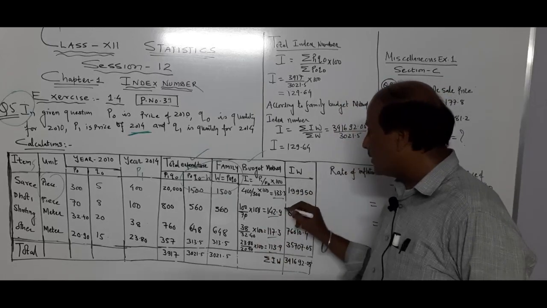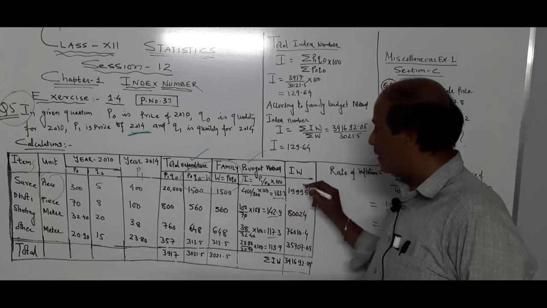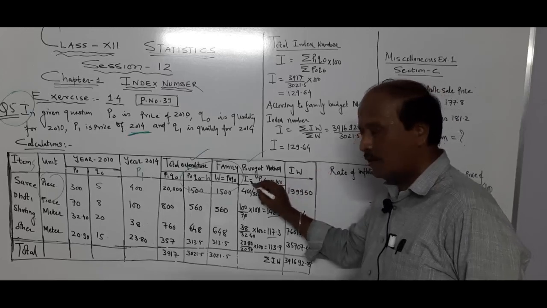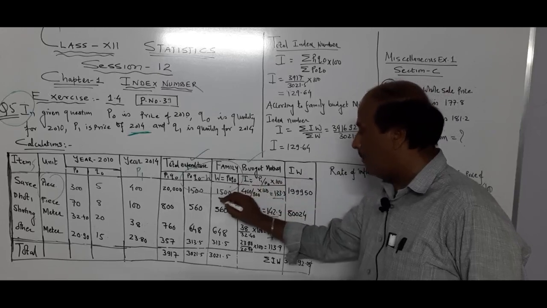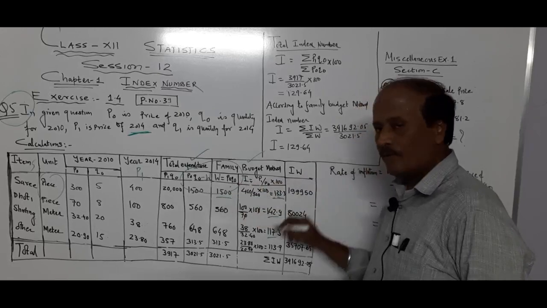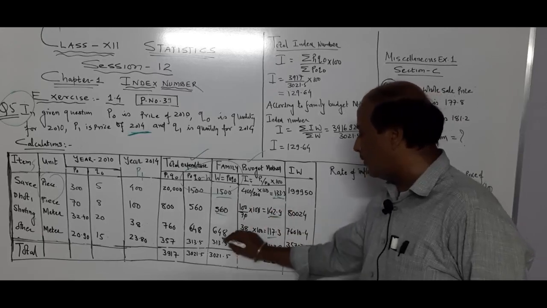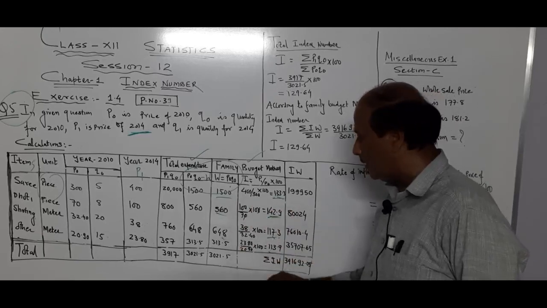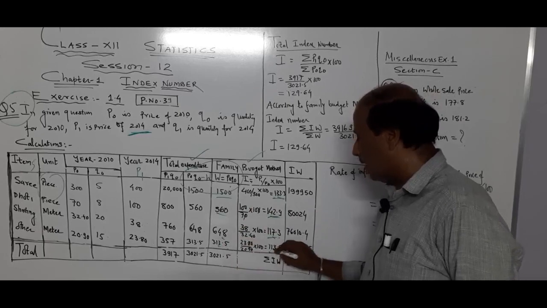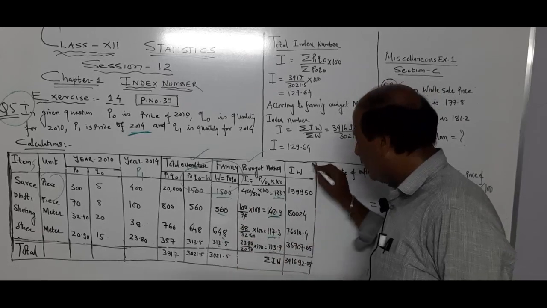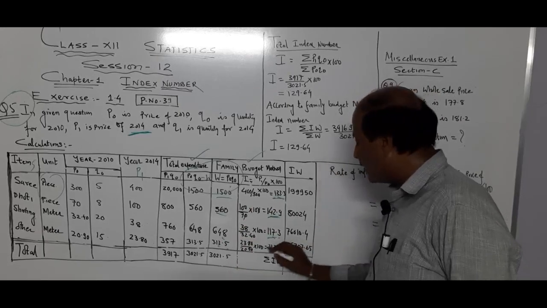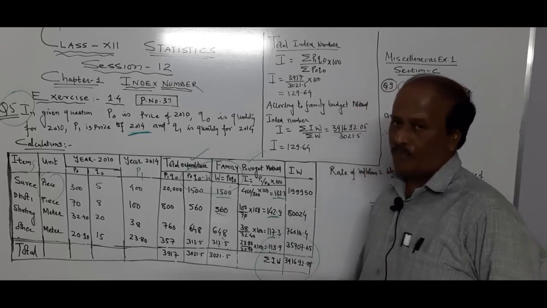Then lastly, the most important column is I into W. So I you got here, W you got here. Multiply 1500 with 133, 560 with 142, 648 with 117.3, 313 with 113.9. You will get IW. Find the sum of this IW.